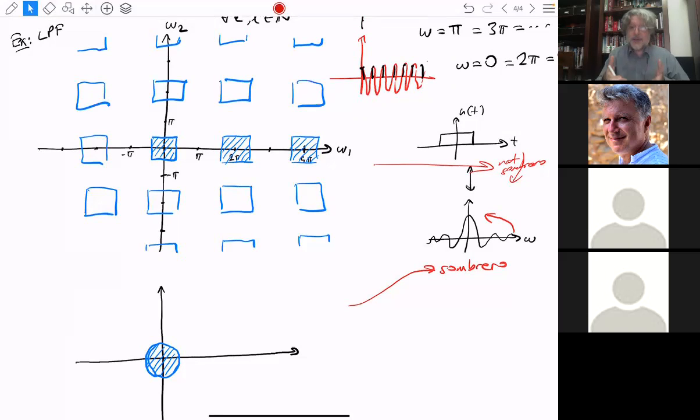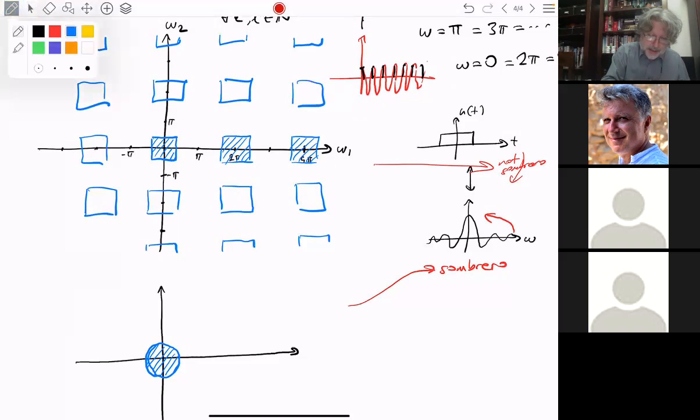This is for the system, but for the signal it's the same. The signal, for example, will look like, I don't know, maybe something like this. This will be our signal's Fourier transform, and therefore they also repeat themselves here and here and here and here.